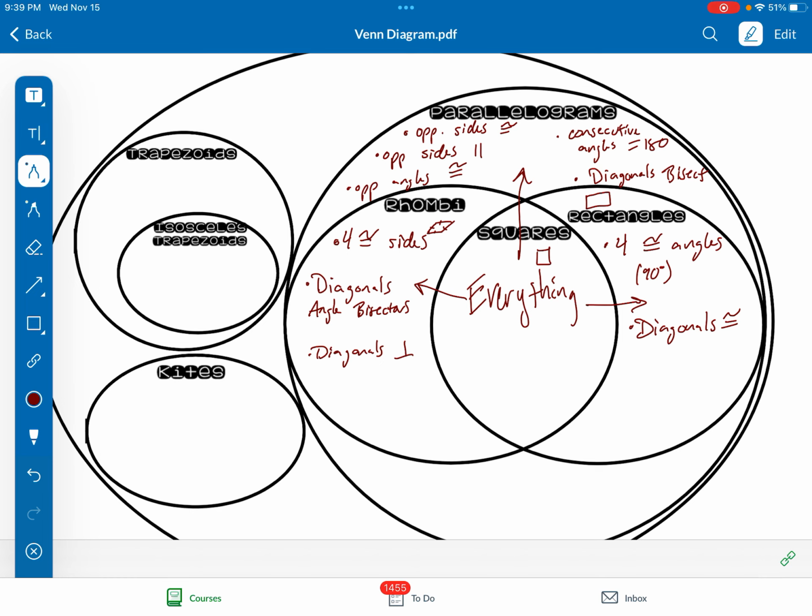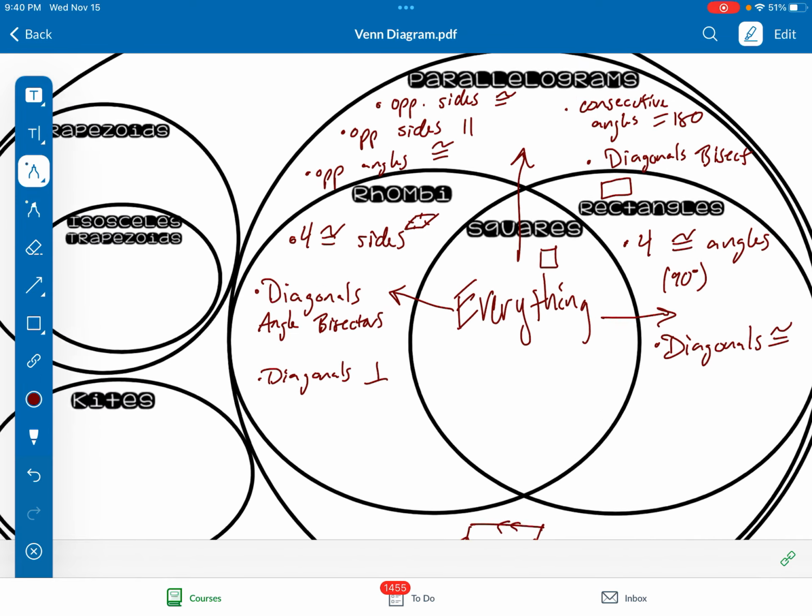And then a parallelogram is like a stretched out rhombus or a slanted rectangle, whichever way you want to look at it. It's a very bad parallelogram. That's a slightly better parallelogram. Right, that's a parallelogram.